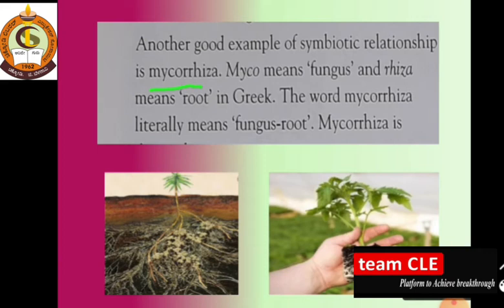Mycorrhiza. Myco means fungus, where rhiza means root. In Greek, myco means fungus and rhiza means root, and the word mycorrhiza literally means fungus root. You can observe in your surrounding itself, there will be extra developed roots around the tree or the plant.